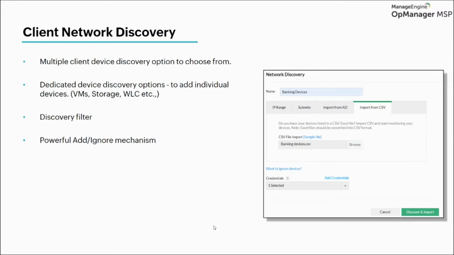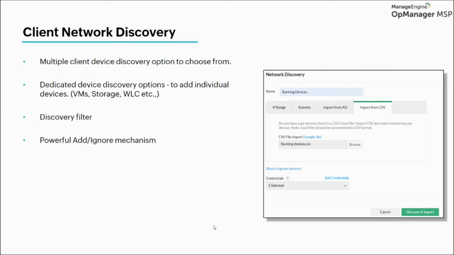In case you have a CSV file, you can import the devices using a CSV file as well. And you also have one interesting feature called the discovery filter, which allows you to ignore or add specific devices in that range or in a group of devices. And then the most powerful feature is called the add or ignore mechanism.